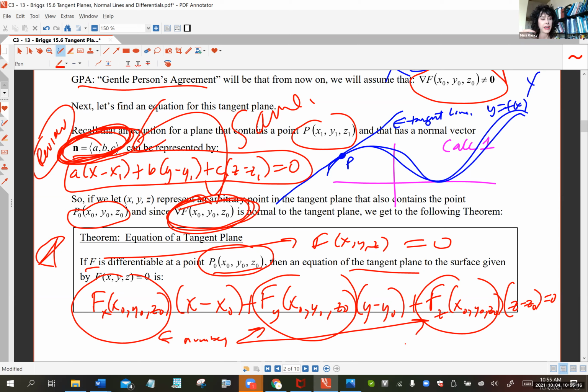I don't want to see x squareds and all that in a tangent plane equation, because then you miss the boat. A tangent plane, like any plane, the x, y, and z variables that you see in a tangent plane equation are always raised to the 1 power, because it's linear.